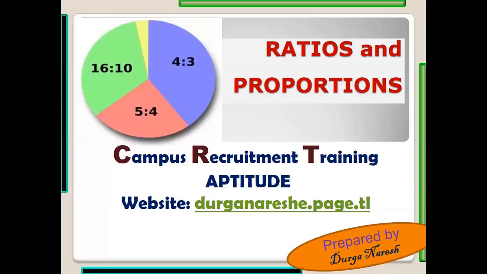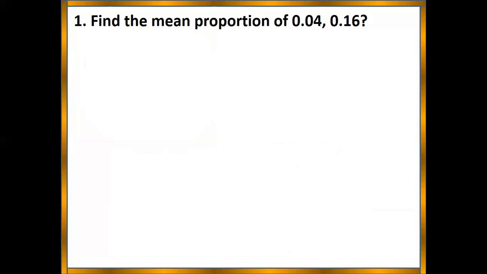Write down. Find the mean proportion of 0.04 comma 0.16.